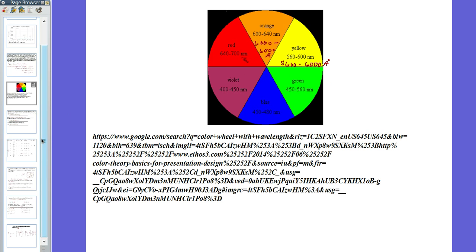What I would do if I were you, and I found a color wheel before the test, and I anticipated seeing a question like this and wanted to be as fast as I could, is go ahead and do the conversions for these nanometers into other units like angstroms or meters, just to be faster.